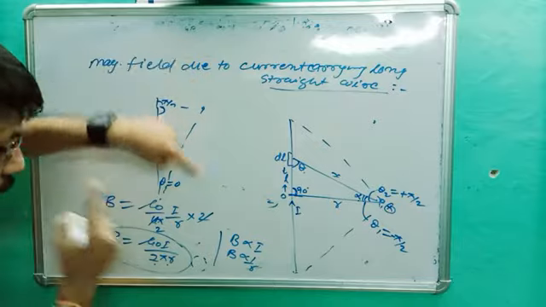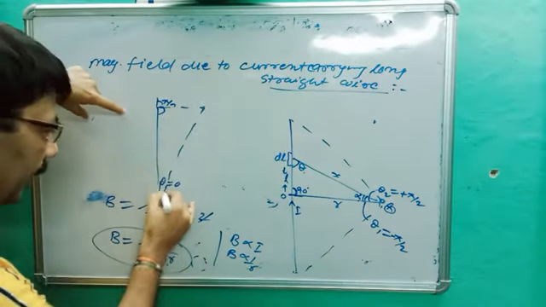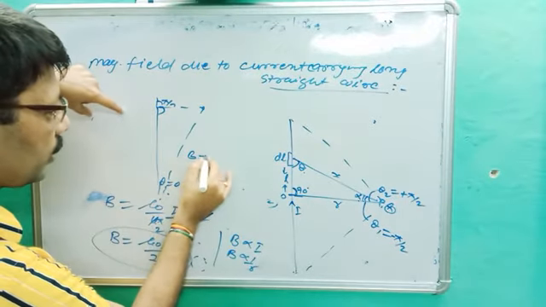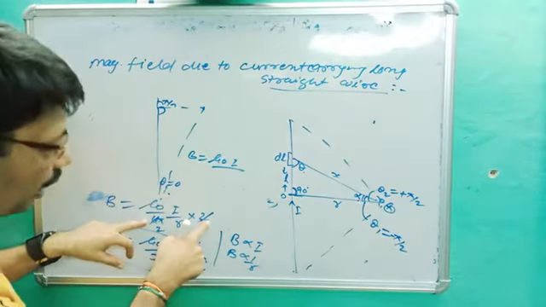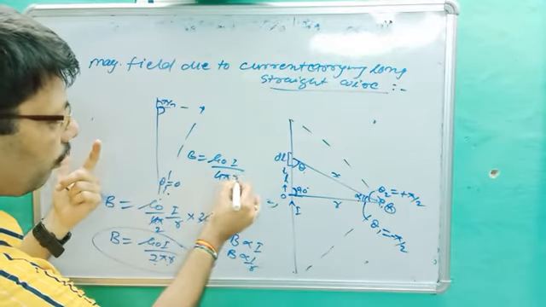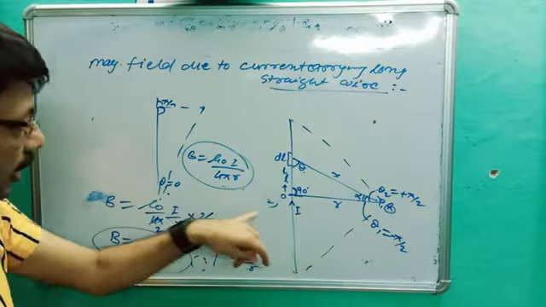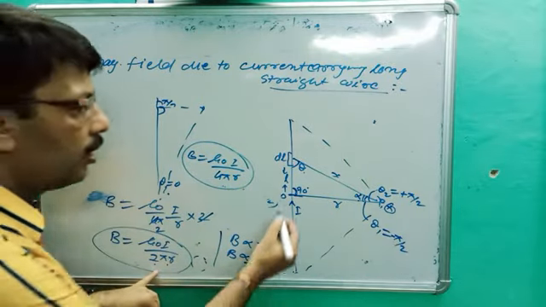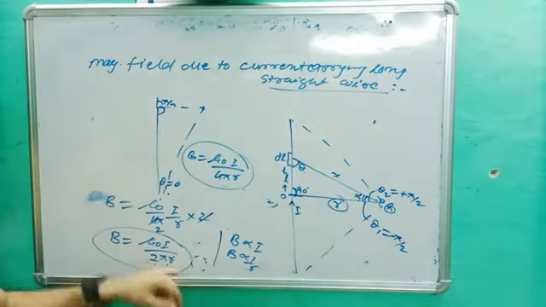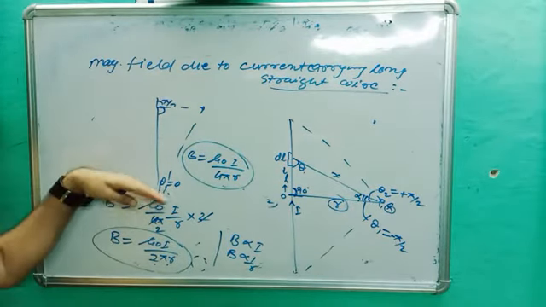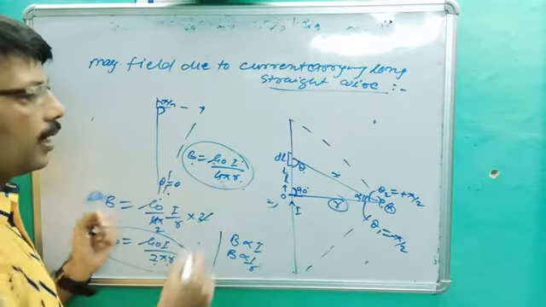So in place of 2 you will get 1, and the formula changes. For any point on top or any point at the bottom, you will get B is equal to mu naught I upon 4 pi R multiplied by 1, so it becomes only 4 pi R. This is the formula due to a long straight wire from the midpoint, where R is the distance. And if any point is given on top or at the bottom, B is equal to mu naught I upon 4 pi R.